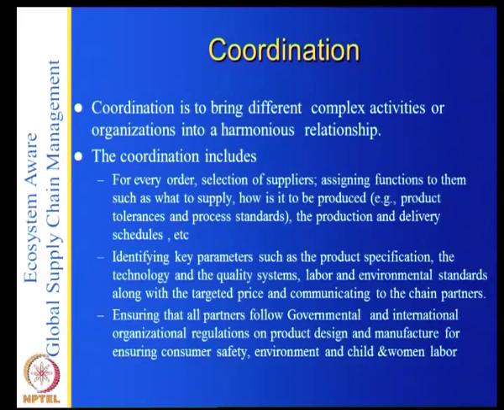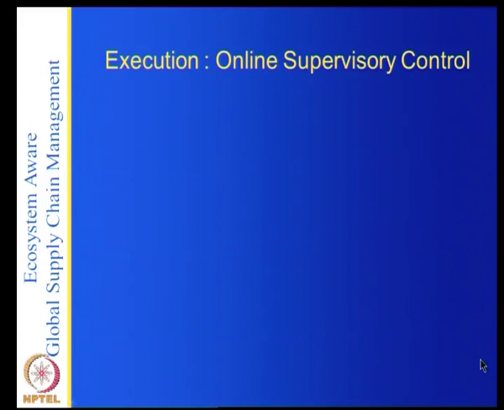Ensuring all parties follow governmental and international organizational regulations on product design and manufacture for ensuring consumer safety, environment, and child and women labor. So, the coordination activity is basically that he has to take all the international regulations into account, and they should be followed, because whatever happens, this particular coordinator is responsible.